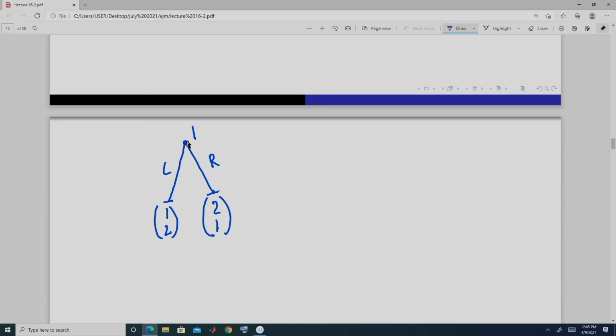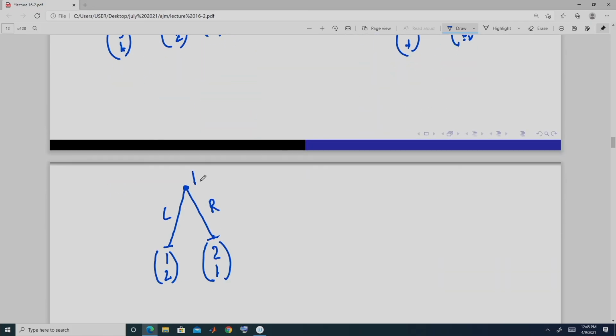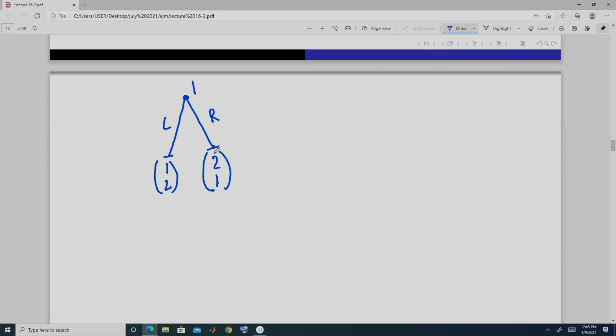Player 1, while it is choosing, knows how player 2 is going to behave. If it chooses L, player 2 is going to choose R dash, so this is the outcome. If it chooses R, player 2 is going to choose L dash, so the outcome is this. So player 1 will choose based on this, so it will choose R.